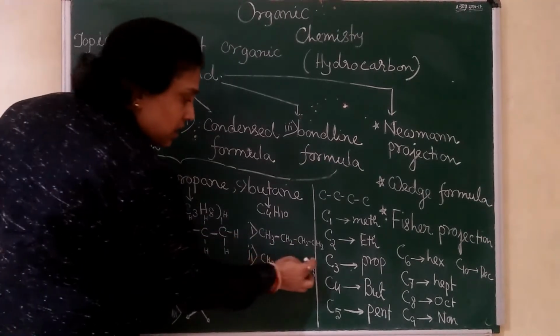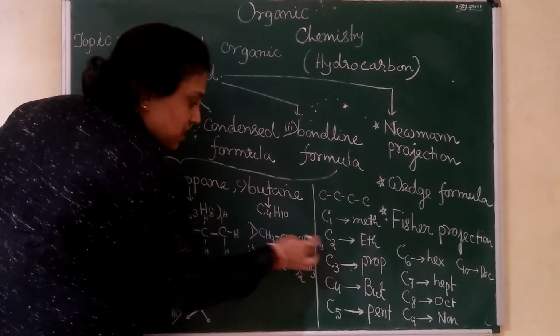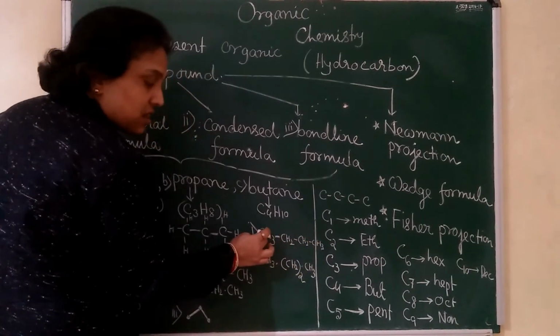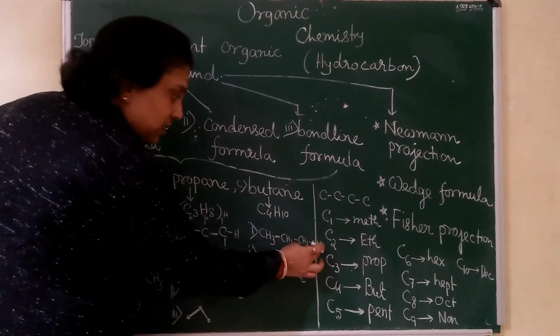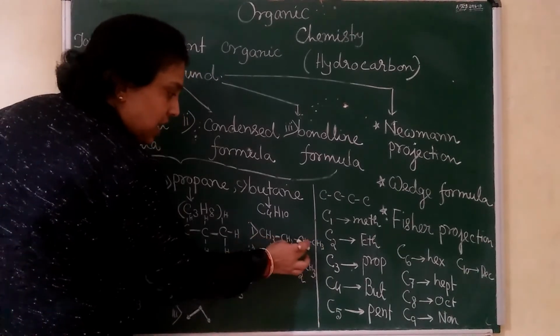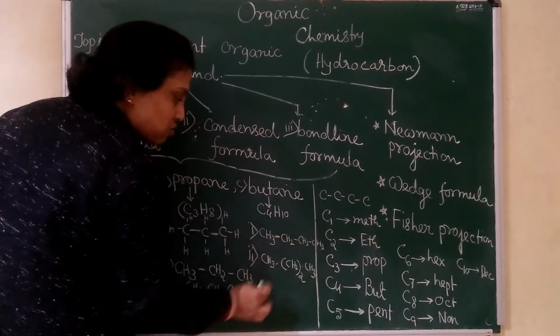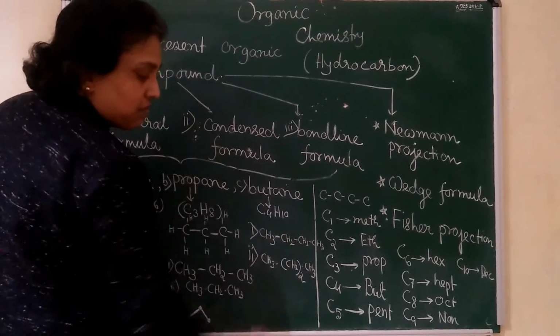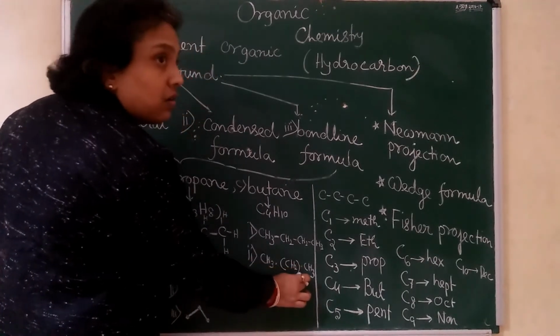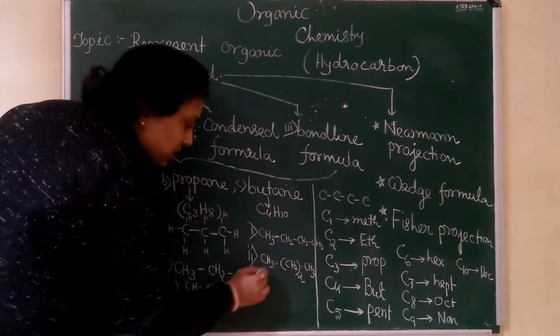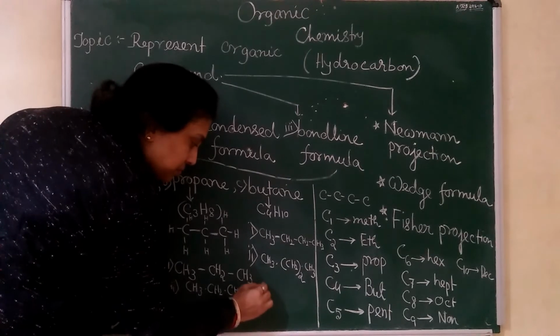No. Here this carbon has CH3, and this carbon has CH3. That's why you have to write them differently. You have to write this one and this one, but what is in the middle here? There are 2 CH2 units. So that's why I have written CH2 twice.